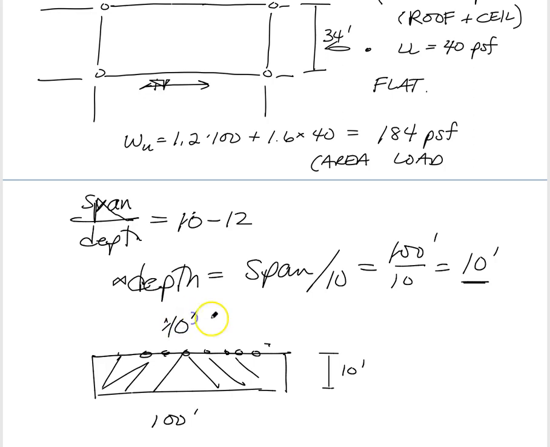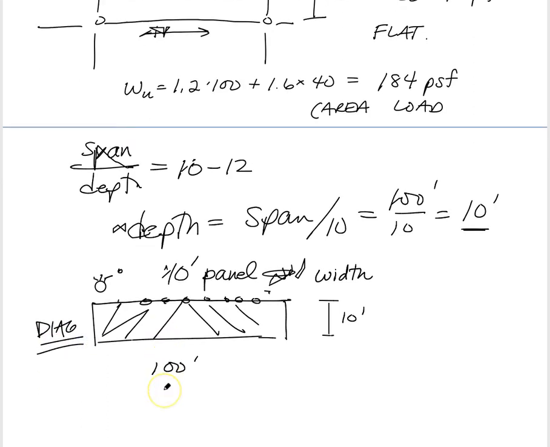So that's going to be a 10-foot panel width. That's the panel width, right? And that's to keep this at 45 degrees on the diagonal.